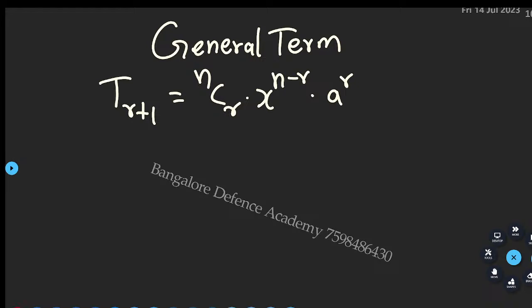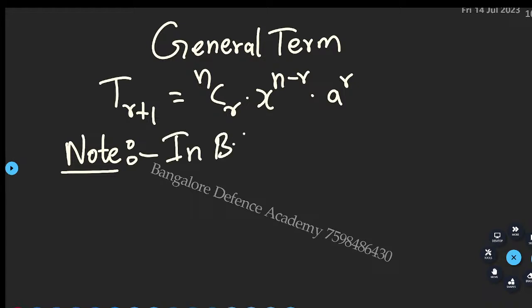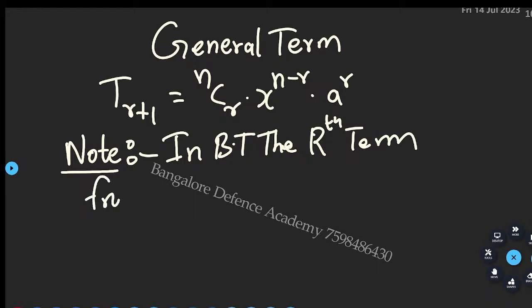Next, write down a note. In the binomial theorem, the rth term from the end is n minus r plus 2.